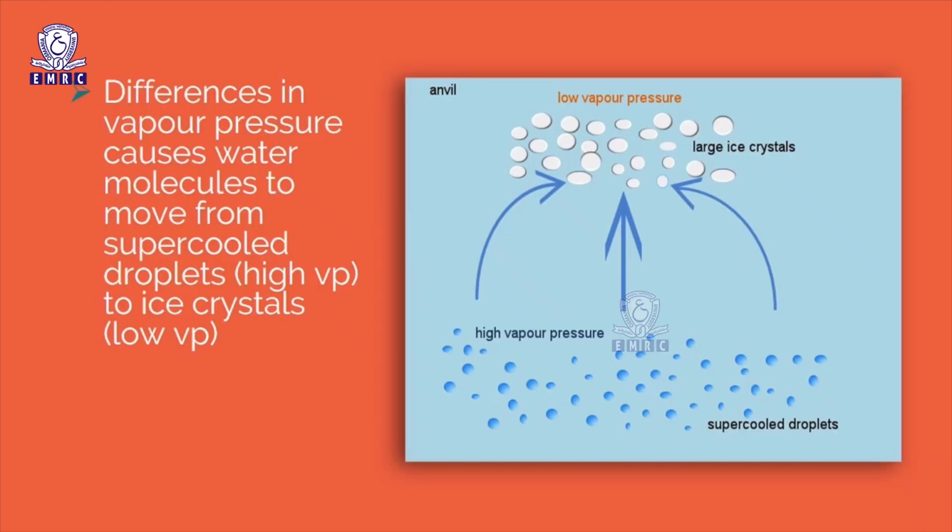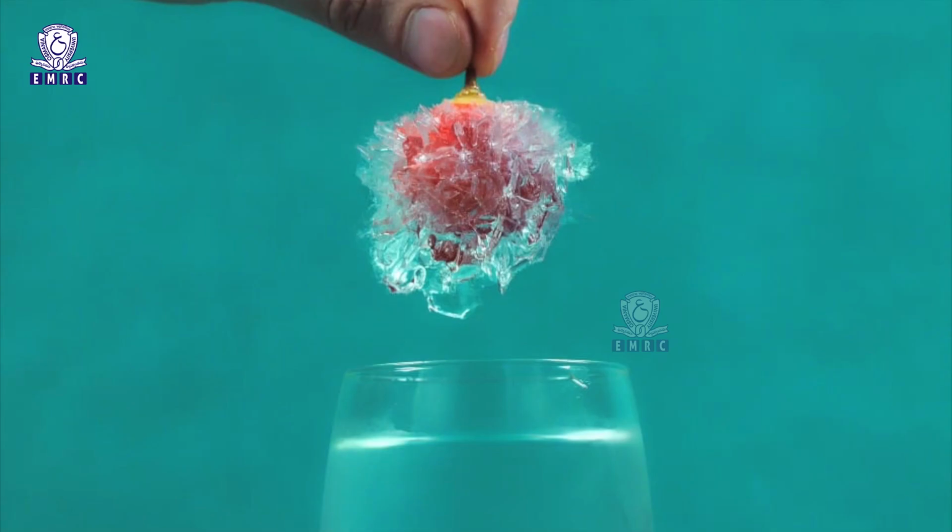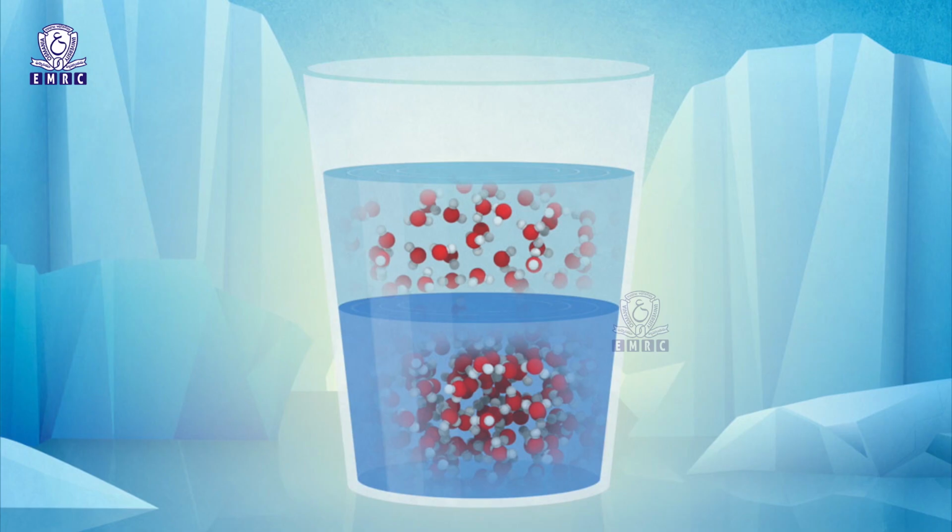Supercooled water surfaces have a higher vapor pressure, the pressure generated by water vapor on a water body or air, than ice surfaces. Water vapor around ice crystals has no time to condense, thus goes straight to deposition, the solid form. Water vapor moves from high vapor pressure, supercooled water, and is deposited onto the ice crystals where they freeze and merge with other ice crystals.